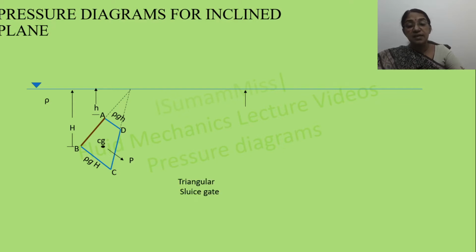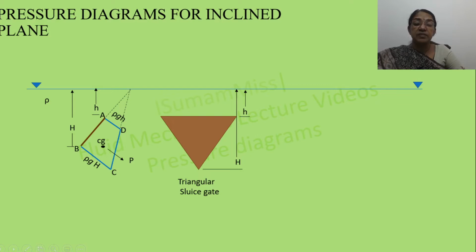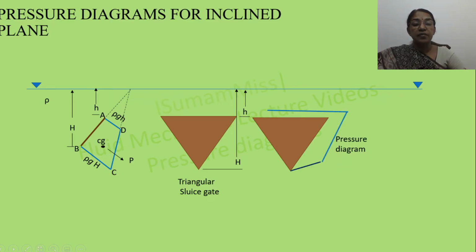So let us consider a triangular sluice gate. The top edge is at a distance of h from the free surface, whereas the bottommost point of this gate is at a distance of h from the free surface. Since this edge is horizontal, the pressure here is uniformly distributed, so the pressure diagram is rectangular here. Whereas if you are considering this edge, the pressure increases when we move down.